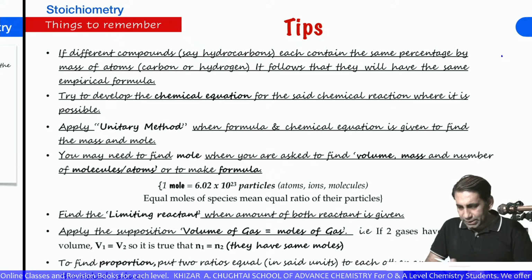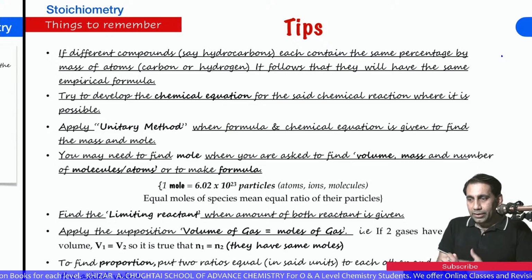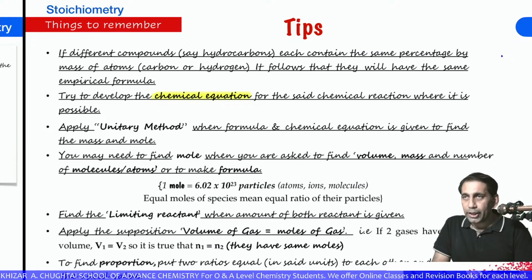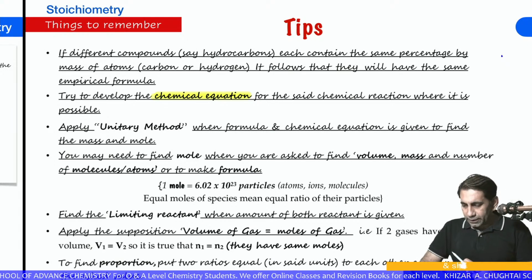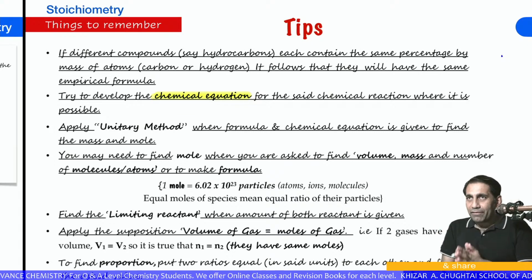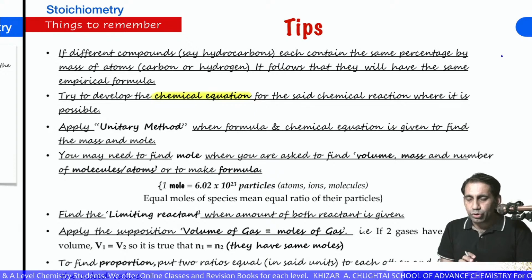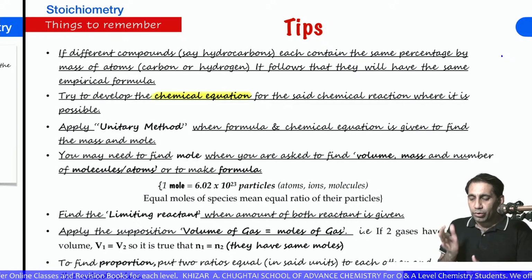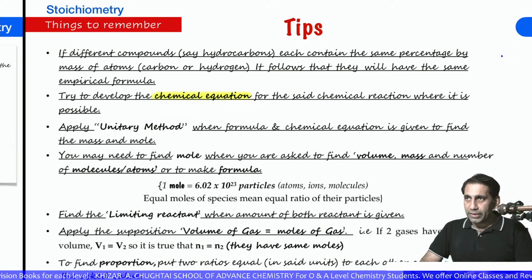The next one is, whenever you are given data, try to develop a balanced chemical equation to solve that question. If you have normal or comparative data to solve a stoichiometric ratio, and there is no chemical equation given, then first try to develop the chemical equation. It is the easiest way to solve the question.